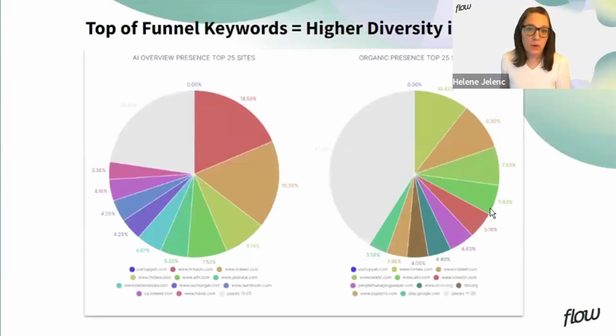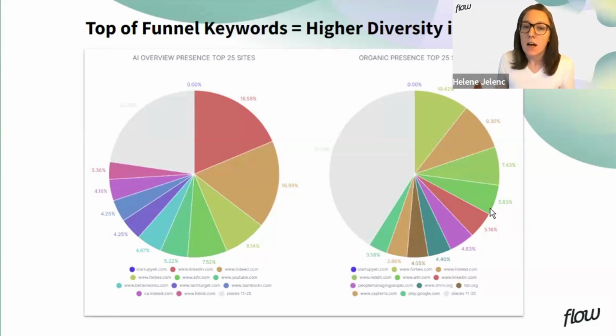Something else that we were able to see with this data inside Ziptie is understanding the domains that are listed. Basically, what these two charts are telling us is that this is for the top of funnel keywords. The one on the left, the AI Overview presence, these are the top 25 sites that appear in the AI Overview box at the top. And the chart on the right is the organic presence. So that's the organic search results and how many different domains show.